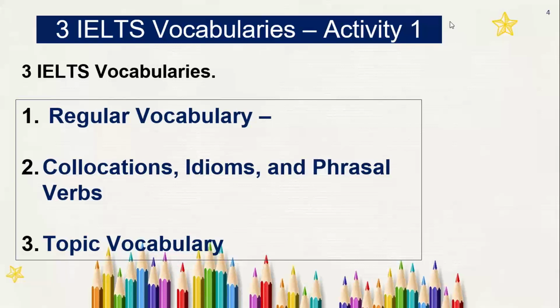You may see these in the speaking test or on the writing test, and you need to be aware of the vocabulary that's associated with these certain topics. That will be in the 3rd part of the series. Tomorrow we're looking at collocations, idioms, and phrasal verbs, and today, regular vocabulary.